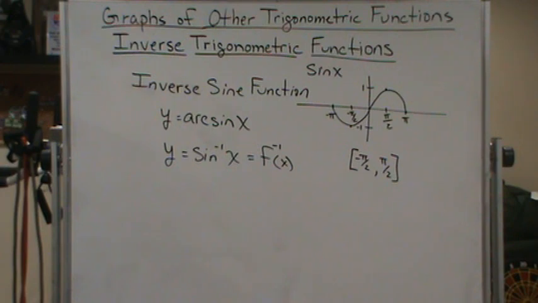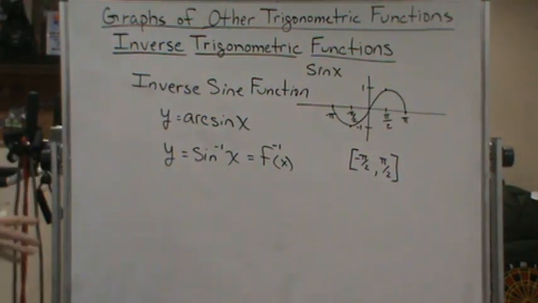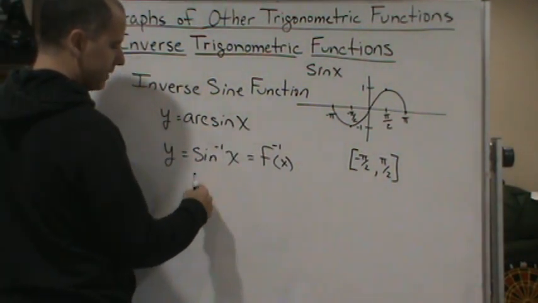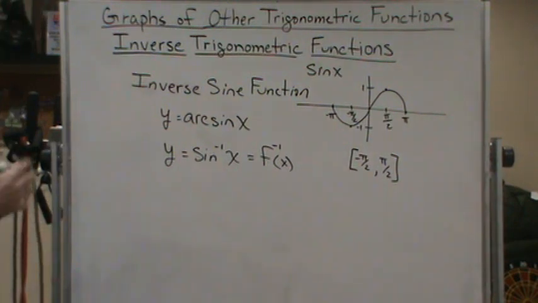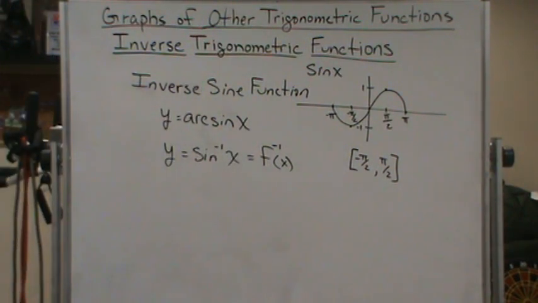Both of these notations are commonly used in mathematics. So either arcsine or sine inverse, both are used. And again, look at your calculator. Your calculator may have arcsine or either one of these symbols. Some calculators say arcsine, some calculators use this. So again, it's interchangeable, used quite often.